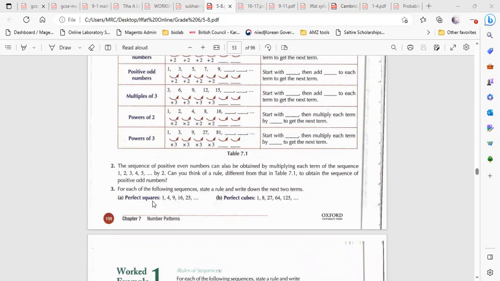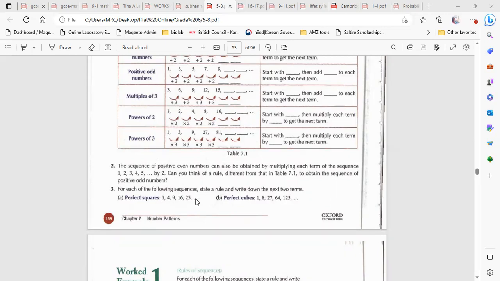Perfect squares: 1, 4, 9, 16, 25 and so on. And perfect cubes are 1, 8, 27, 64, 125 and so on. So you have to write down the next two terms and state the rule also.